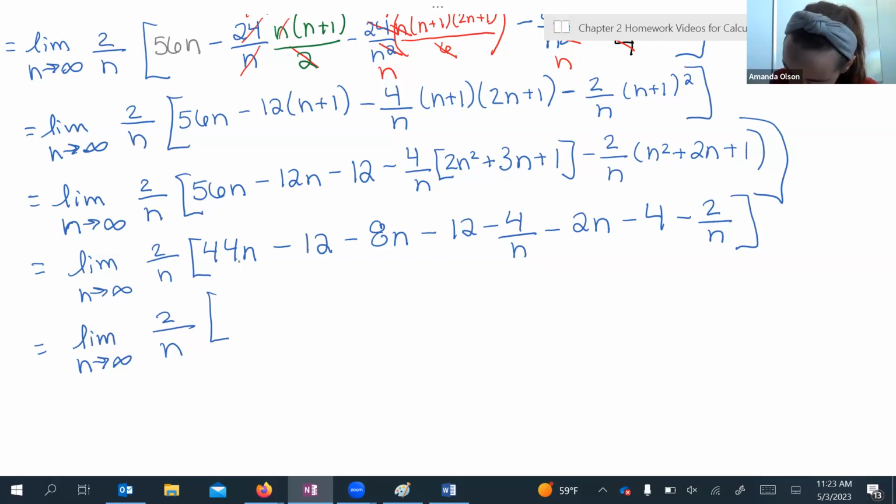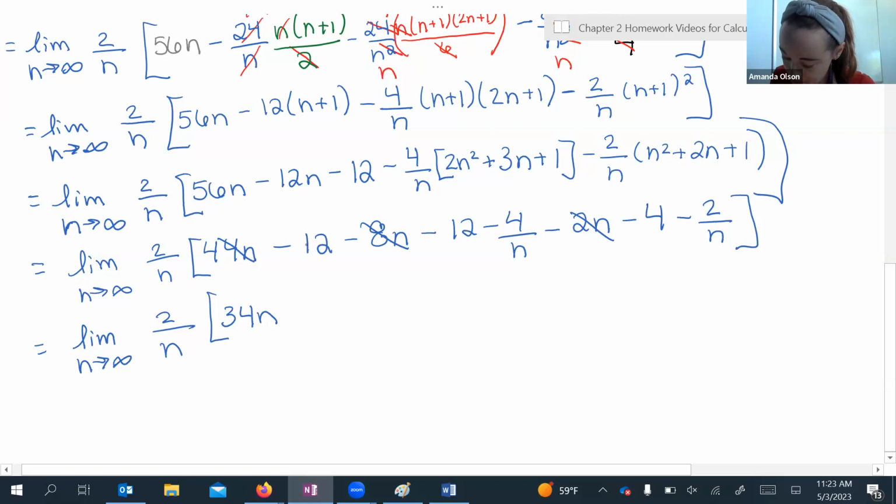So we end up with a, and hopefully you're checking my arithmetic, 34n minus 24 minus 24. So we get minus 24, and then minus 4 is minus 28. And then here we have a minus, these each have a common denominator. This is going to become a minus 6 over n.